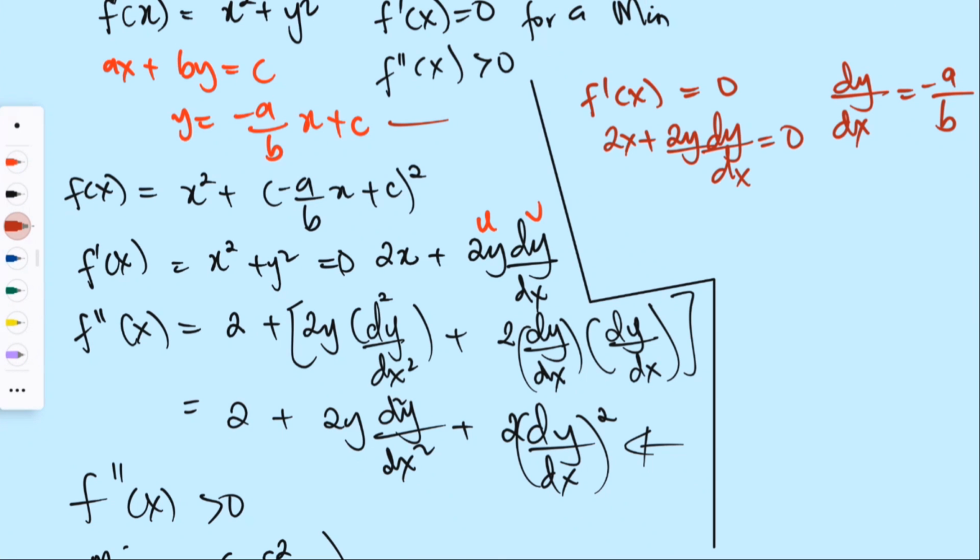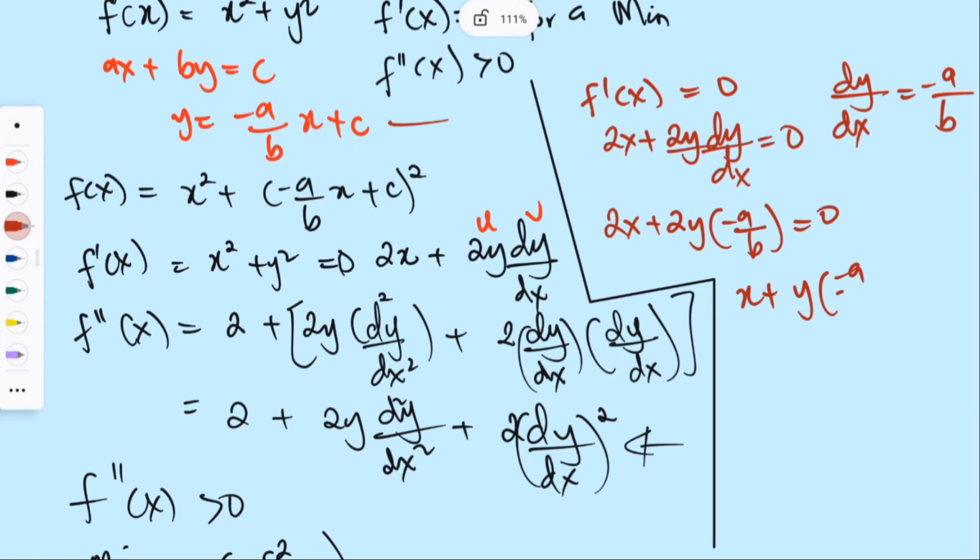So if I substitute the value of dy by dx, we would have 2x plus 2y bracket negative a over b equal to 0. Okay, 2 is common. I can divide all through by 2 to cancel it out from the equation, right? So x plus y times negative a over b equal to 0. Perfect. Okay, I'm going to substitute y as well.